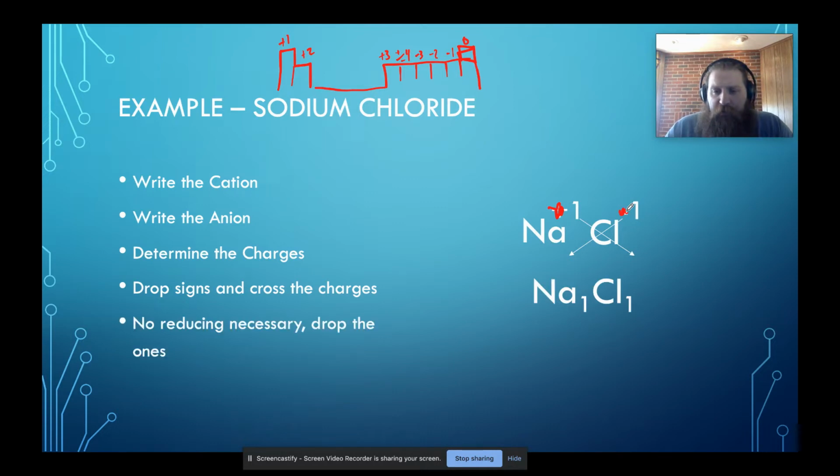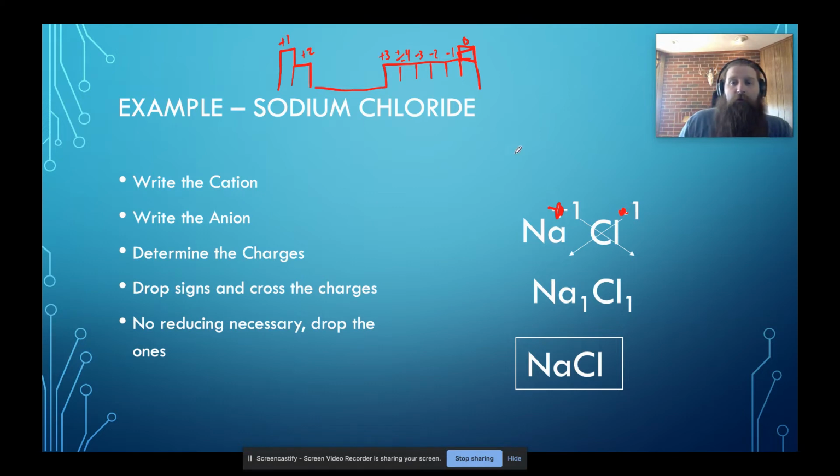You don't have to reduce anything here. You always reduce ionic compounds, by the way. And I don't need to write the ones that are implied. So my answer is NaCl. And that's how I take the name, right? This is the name. And I write a formula. There's the formula. There's the name.